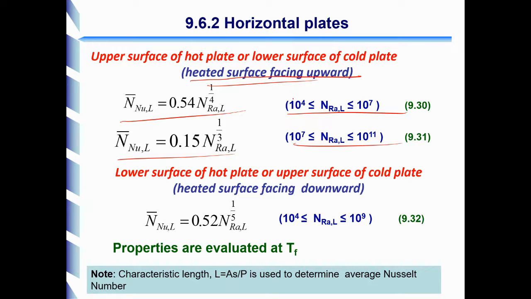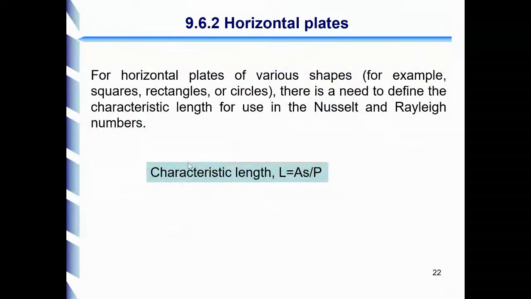So we need to find the Ra value first, and for horizontal plate we have to use the characteristic length. L is the characteristic length for a horizontal plate.